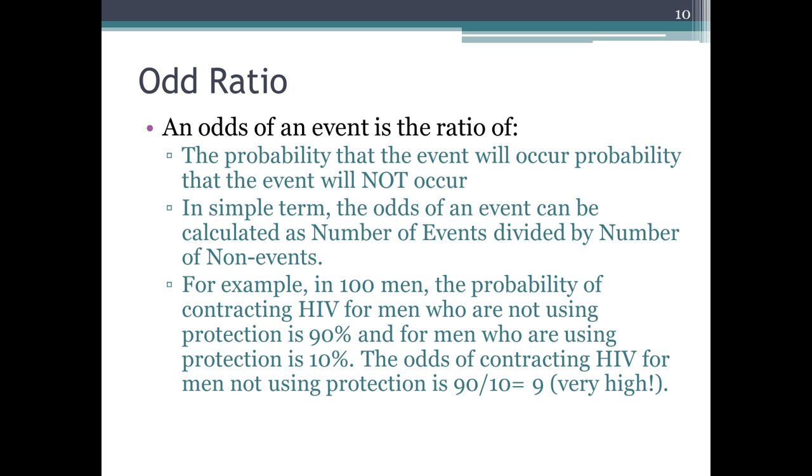Then the question is what is the odds among 100 men of contracting HIV if they are not using protection? And the answer is simply 90 divided by 10, and that is 9. So they have 9 times more odds of getting the HIV virus. So that's really very high.